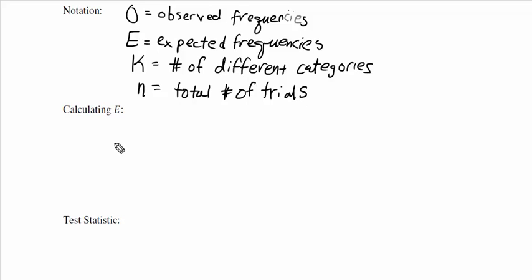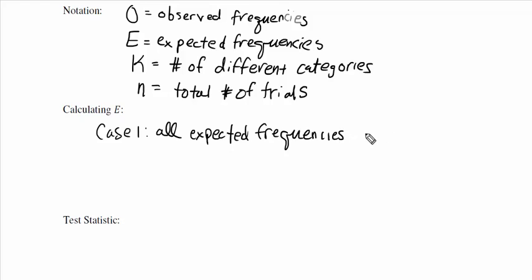So there are two cases of when you might need to calculate E. Case 1 is when all of the expected frequencies are equal. If this is the case, E is equal to N, the number of trials, divided by K, the number of different categories, meaning that the probability of each category is exactly the same.